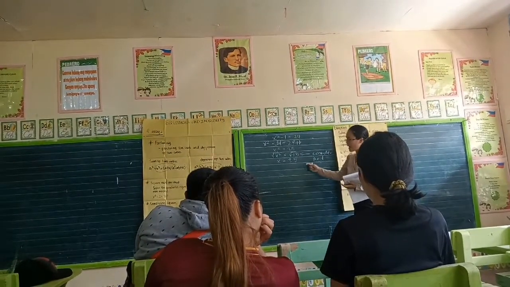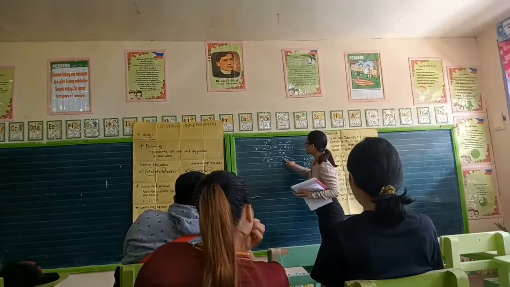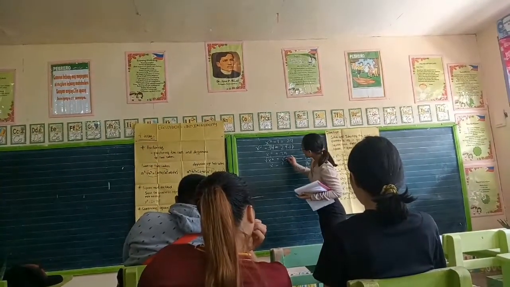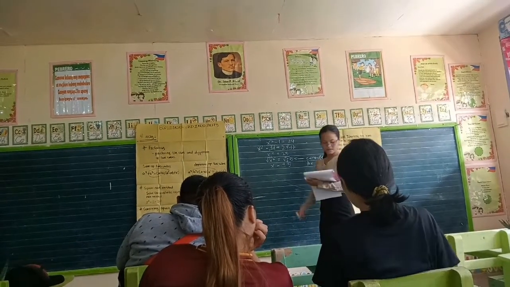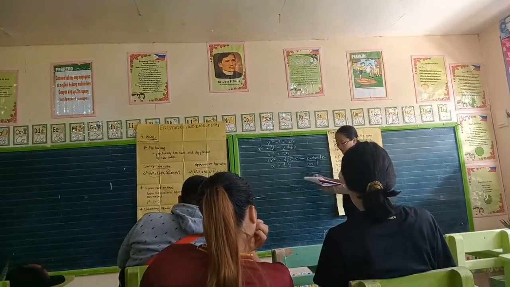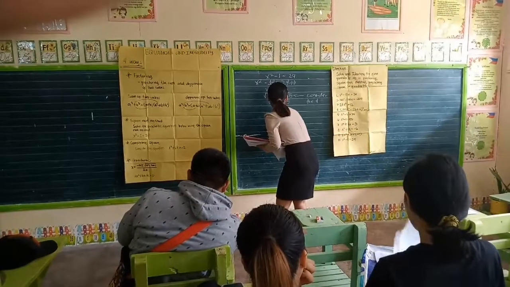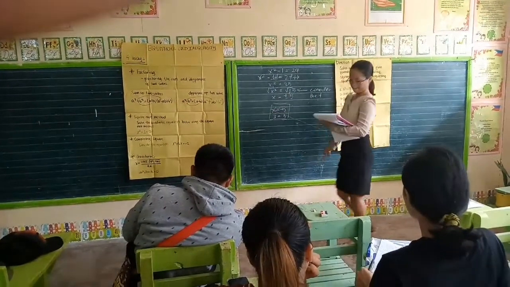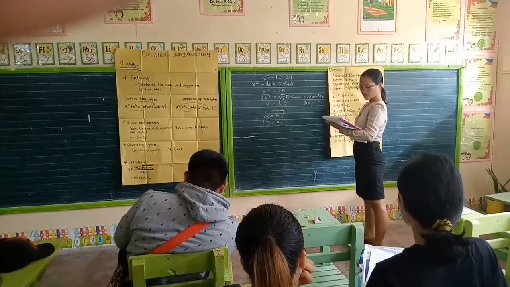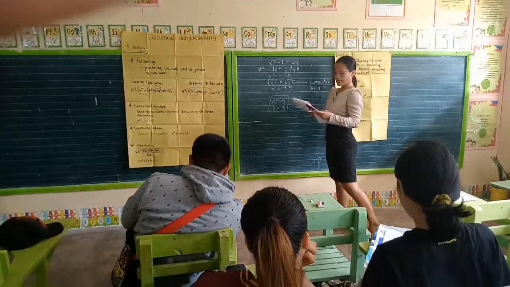You have to write both positive and negative 5, because the answer can be positive 5 or negative 5. So, we have x equals 5 and x equals negative 5. These are the two possible answers. As a final answer, since both of these values satisfy the original quadratic equation, I will leave it to you to verify.